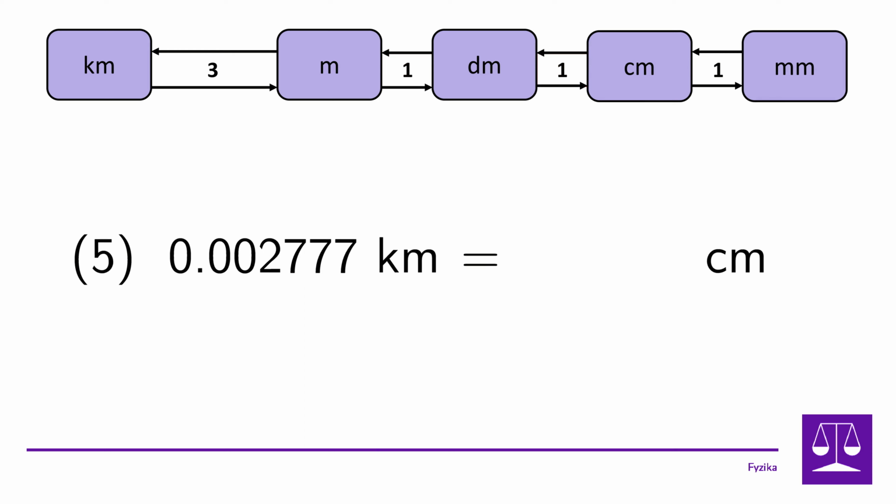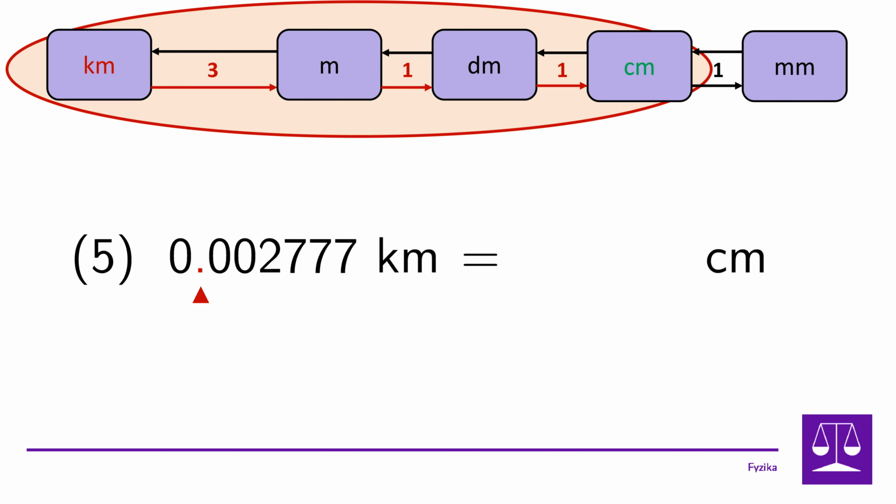For the fifth conversion, we have to convert 0.002777 kilometers to centimeters. Since our task will be to move the decimal point, we will first highlight it. We have to convert kilometers to centimeters, which in the conversion chart means that we move to the right 3 places to meters, then 1 place to decimeters and then 1 place to centimeters. That means that in total we move 5 places to the right.